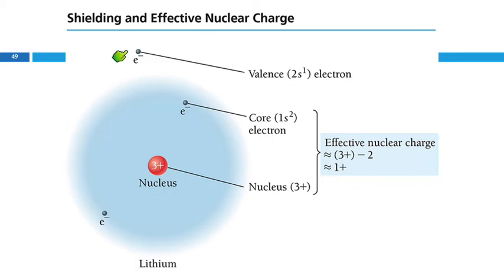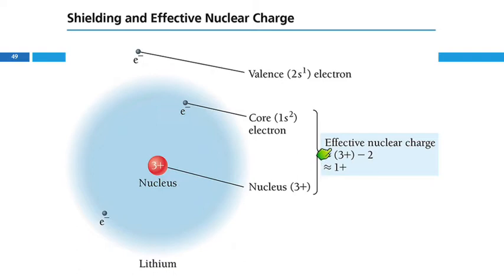And then we have our valence electron, which is a standing wave that's larger in size, the 2s1. So these guys are coming between the nucleus and this electron. Like that person with the great body on the beach putting on a parka, right? Now you can't see them as well, so they're not as attractive.